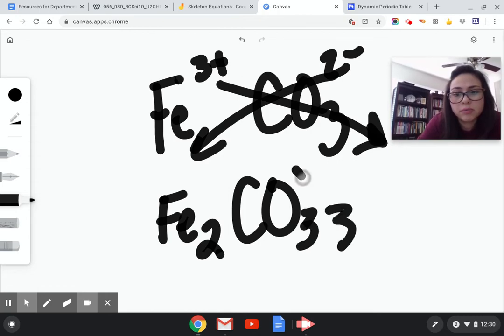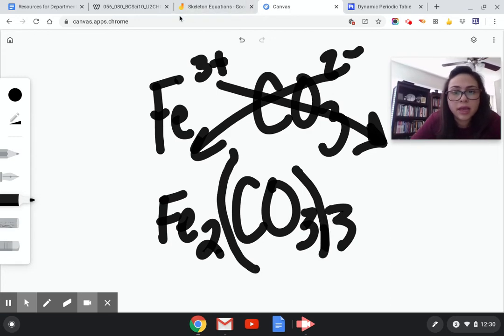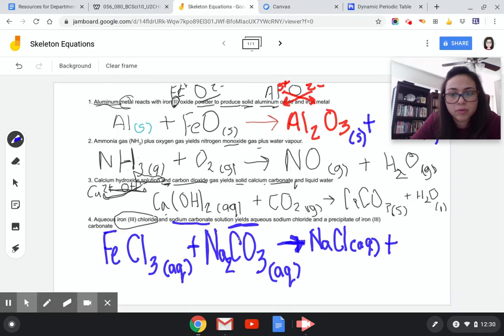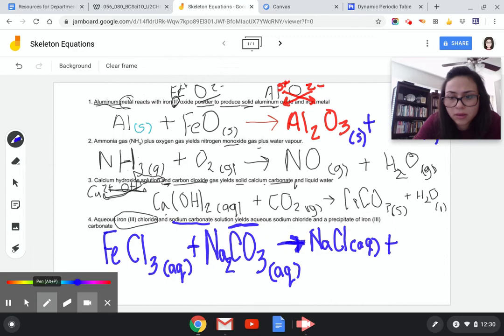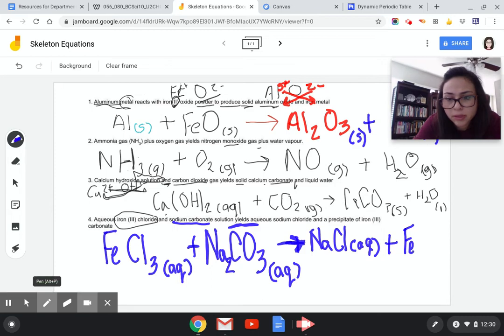So we must put parentheses between the two. And then we're going to write over here the chemical formula. So we're going to put Fe, 2, parentheses, CO3, parentheses, 3.